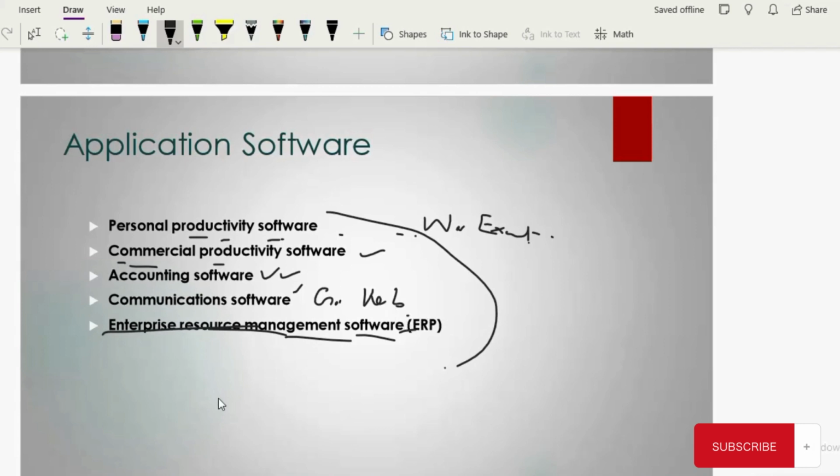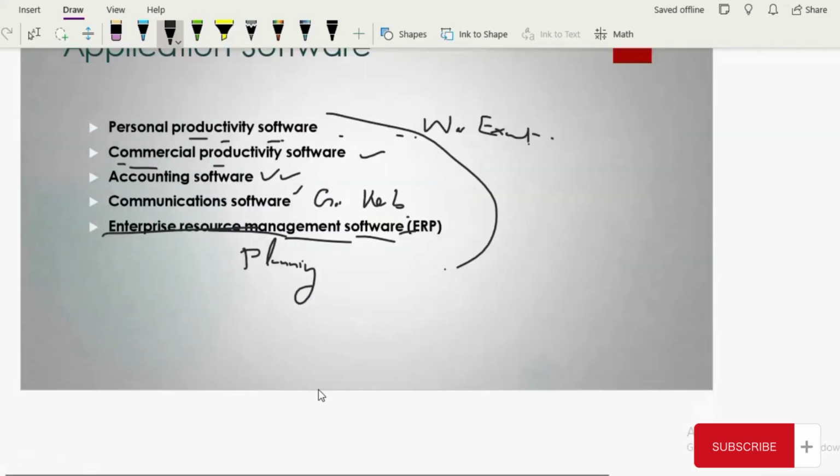It is enterprise resource planning software; P is for planning. It has all the functions of the organization, as I explained in the previous chapter, and it supports the working within the organization easily.